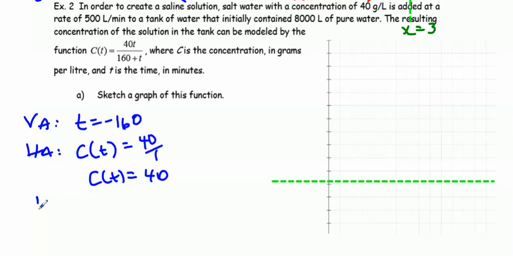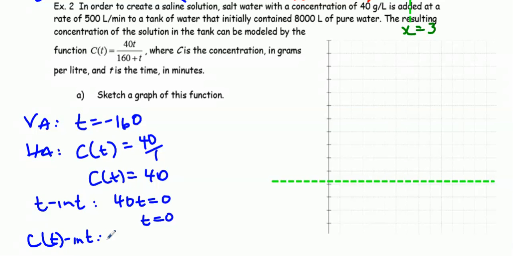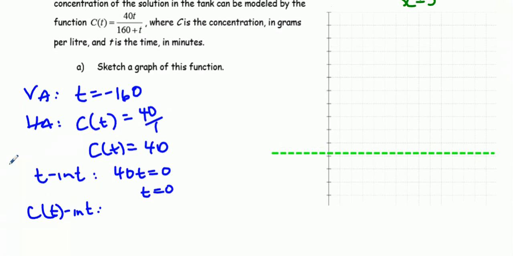We want the t-intercept, we'll call it. That's the equivalent of the x-intercept, and that's going to occur where our numerator is equal to 0, so 40t has to equal 0, so t has to equal 0. And then our C of t intercept, better known as our y-intercept, occurs where we've got the constants in each of the numerator and denominator.